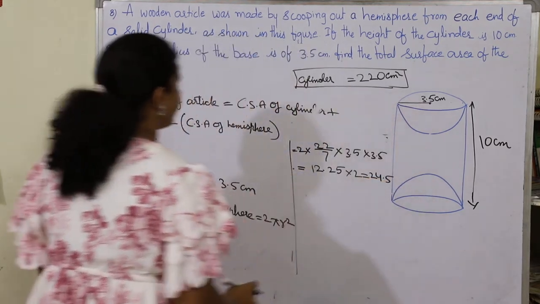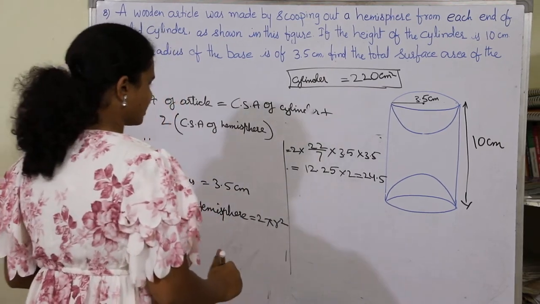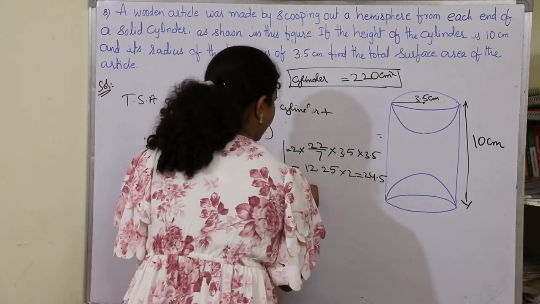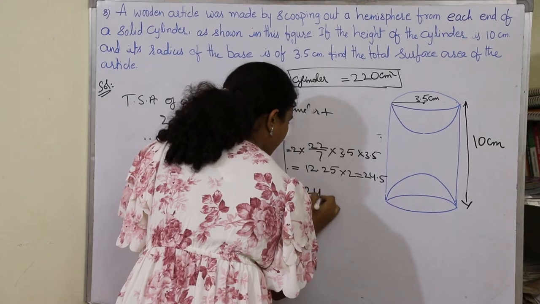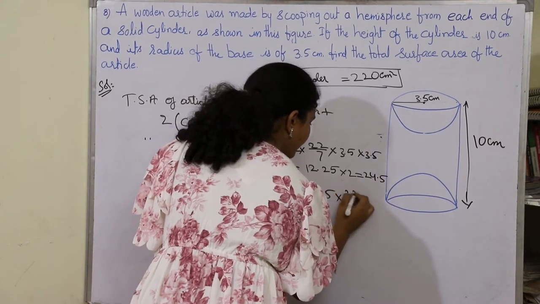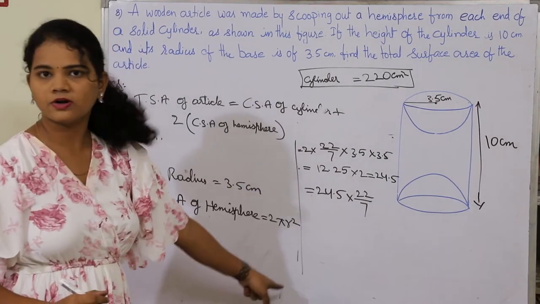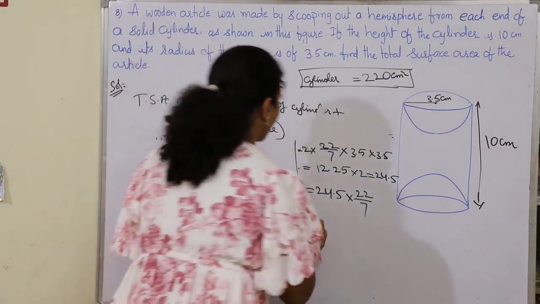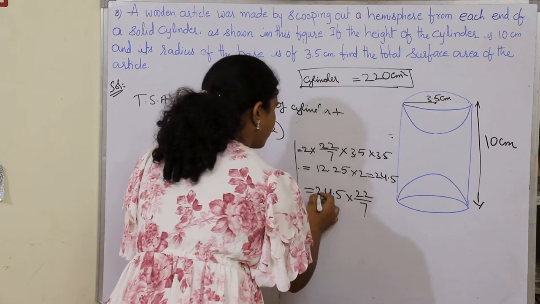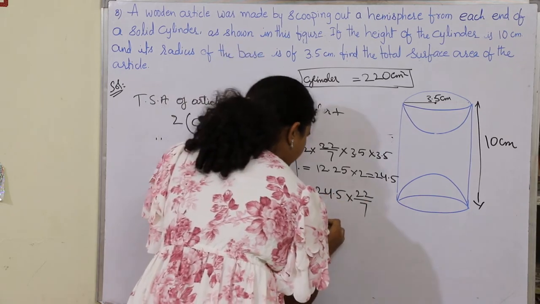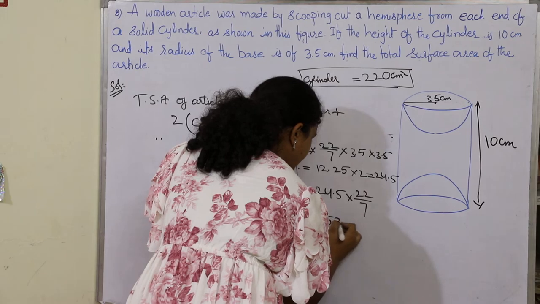Done. 24.5. Now what to do is 24.5 into 22 by 7. Okay, 24.5 into 22 by 7. So this gives what? 24.5 into 22 gives 539.